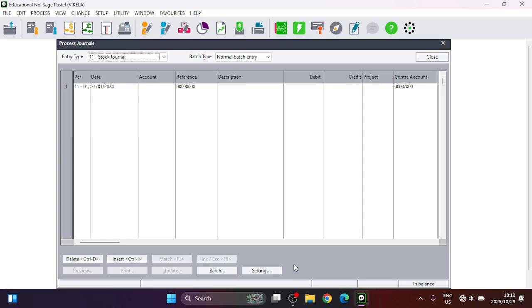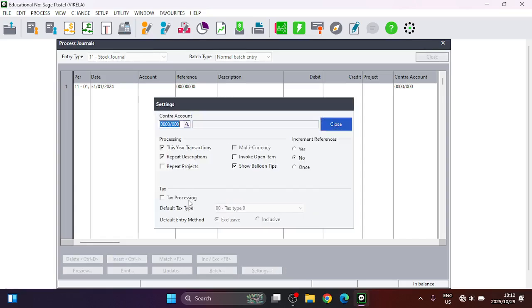What you need to do is firstly go to your settings and ensure that tax processing is unticked or unchecked, because when it comes to opening and closing stock, there is no VAT element, so we don't tick tax processing.